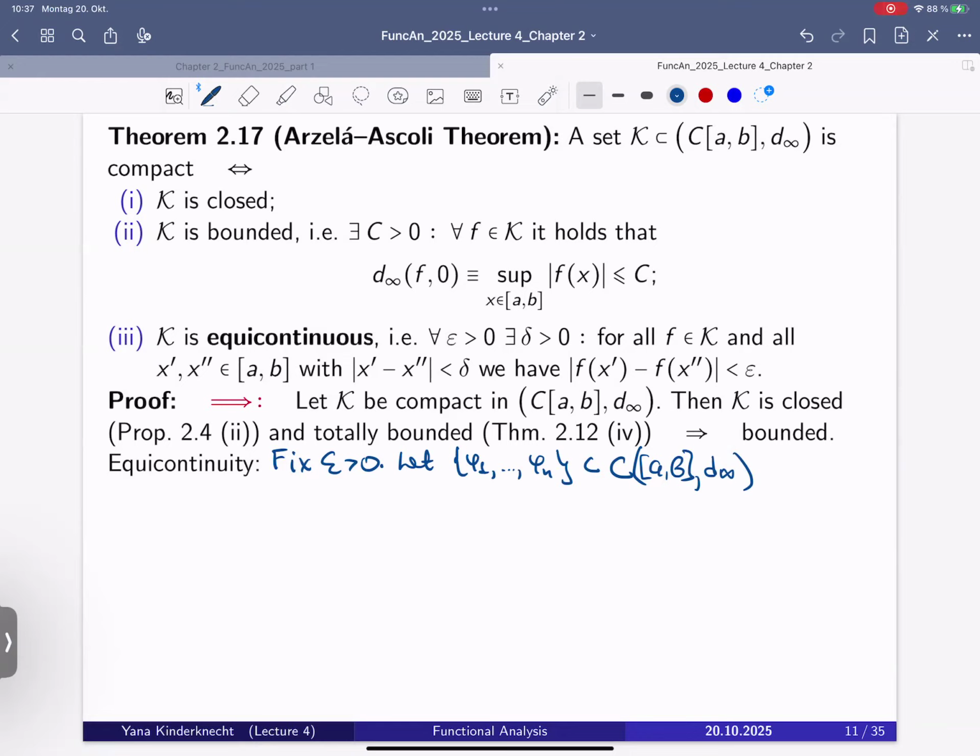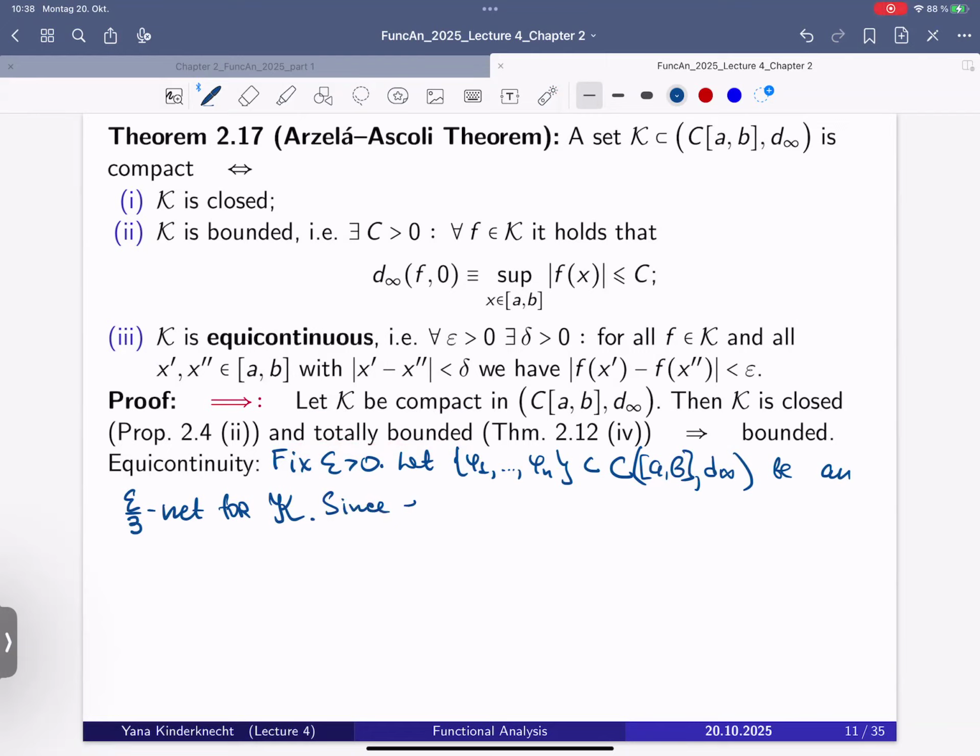Let this finite set be an epsilon over 3 net for the set K. Since we assume that K is compact, hence totally bounded, for every epsilon we can construct an epsilon net, or epsilon over 3 net, for this set.